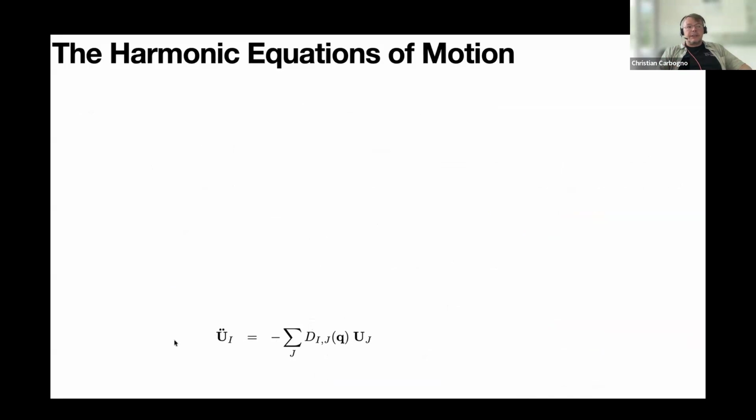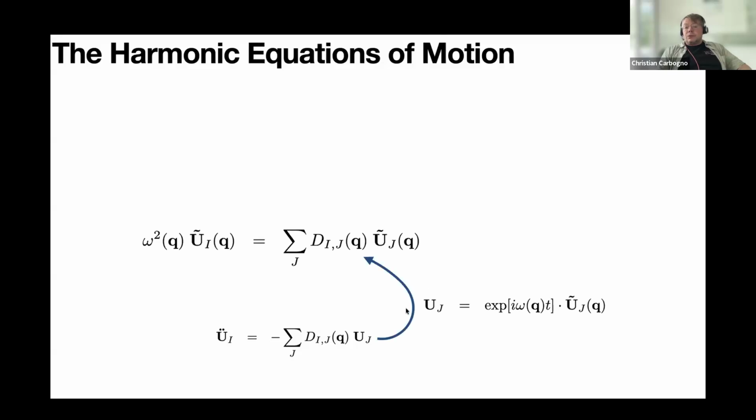If you look at this equation, you will see that it is actually an eigenvalue equation. You can do an ansatz that this u_j is essentially a harmonic oscillator. You plug that in and then you get an explicit eigenvalue equation.